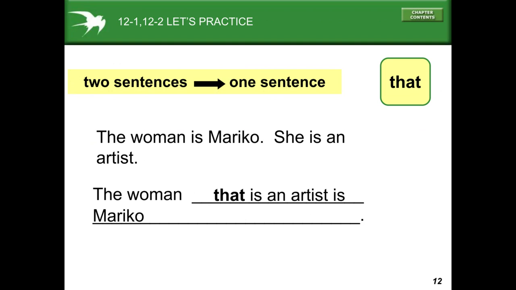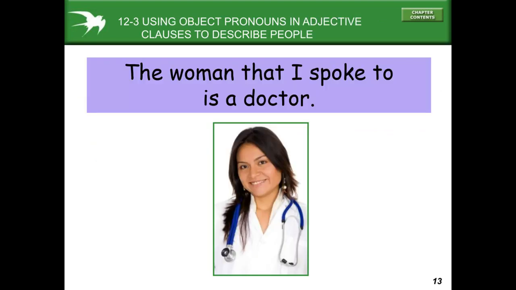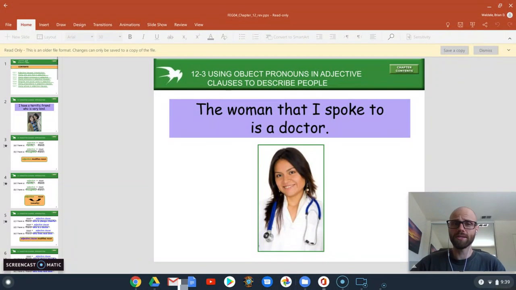The woman is Mariko. She is an artist. How can we combine that together? The woman that is an artist is Mariko. Oh, okay. Makes sense.